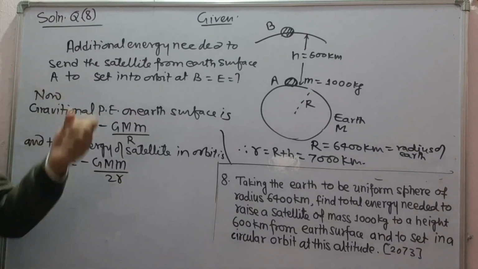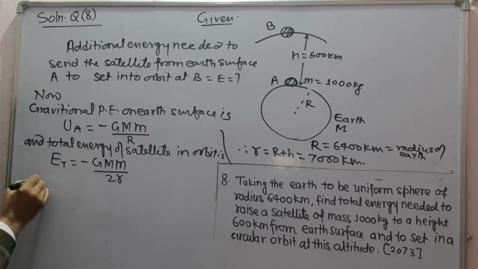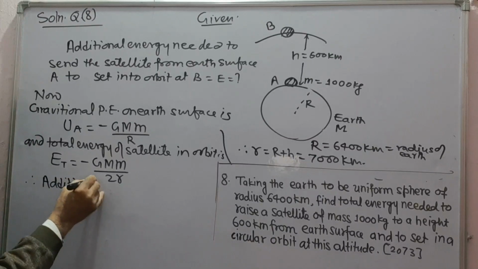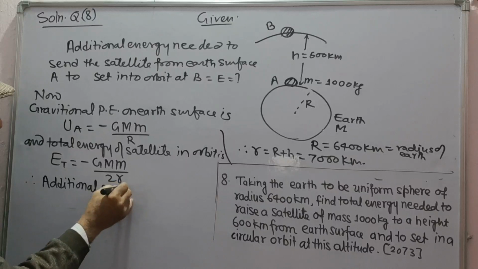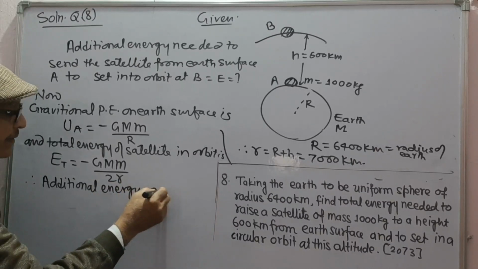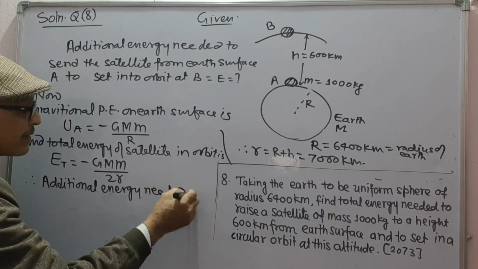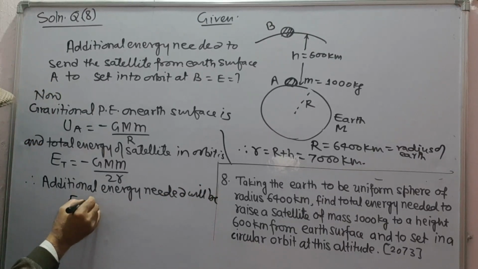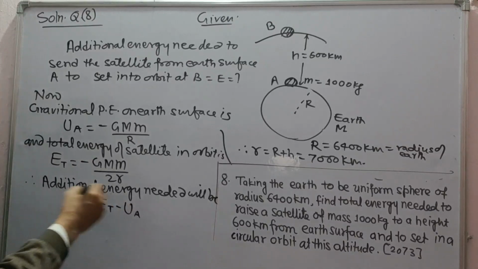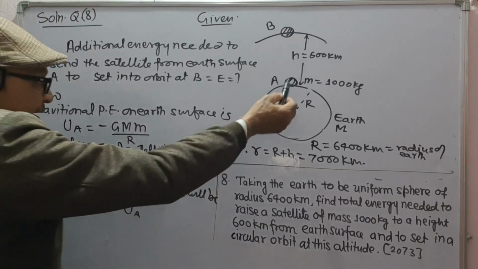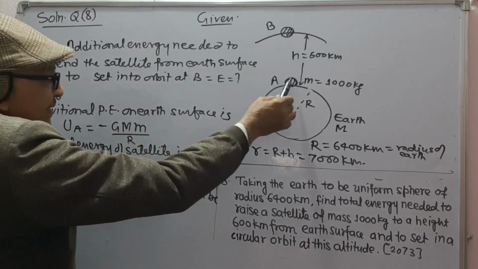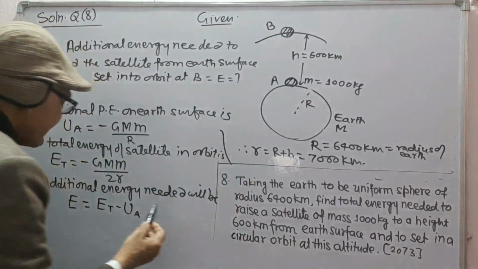Therefore, the additional energy needed will be E is equal to E total minus U at A, because this much energy is already present with the body on Earth surface.